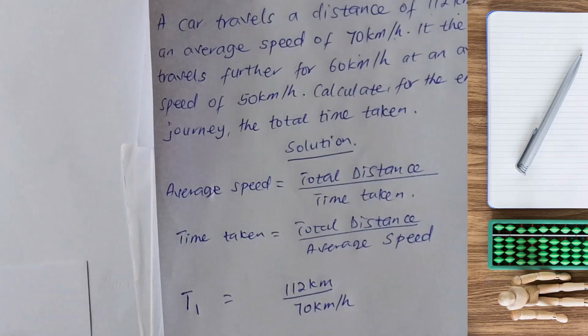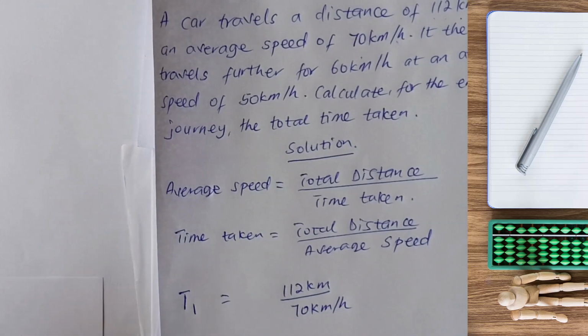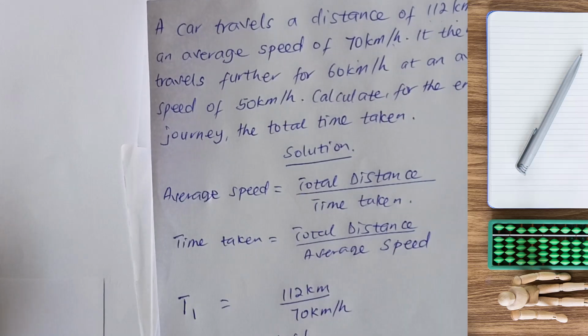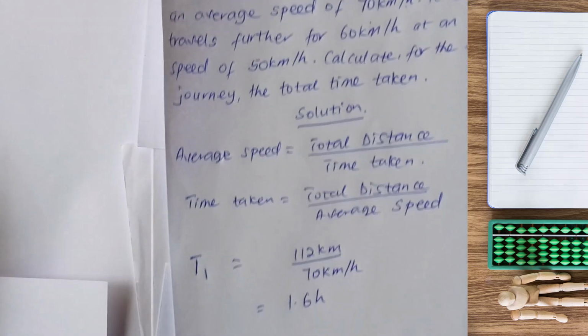Computing this, 112 divided by 70, is 1.6 hours. That is for time 1.